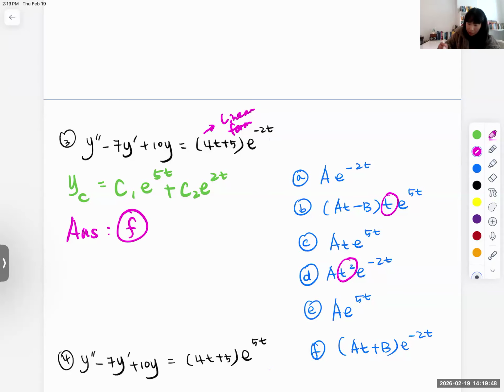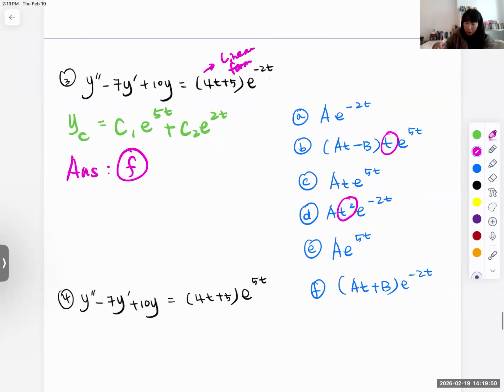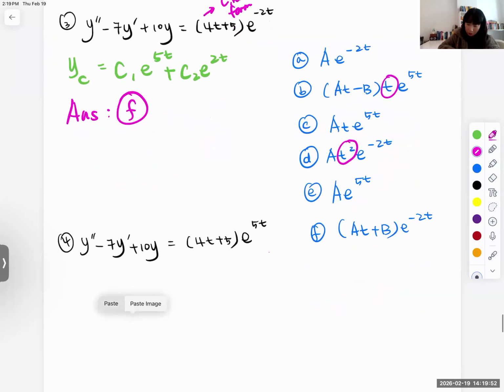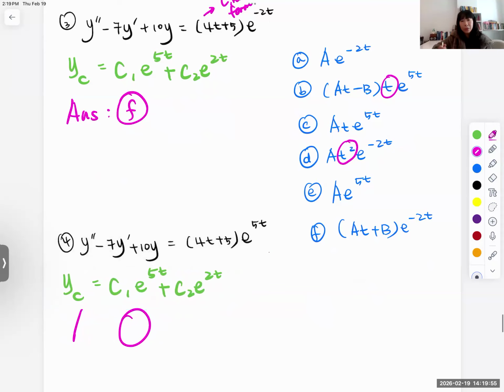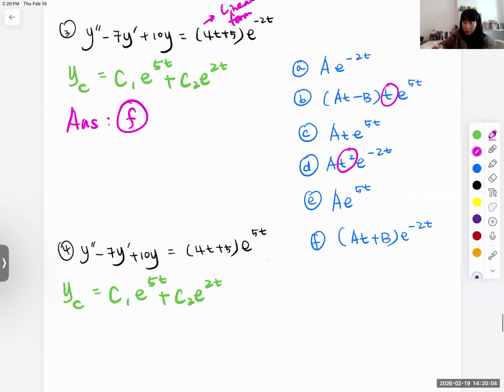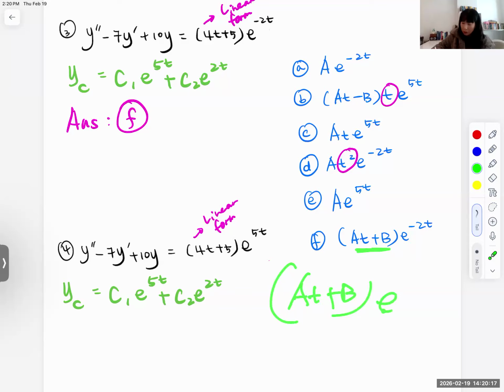So answer will be F. Okay, now let's take a look. So complementary solution, same. But then look, like earlier, number 3, this is also linear form, right? But then we cannot use like an F form, at plus b, linear form times e to the 5t, right?